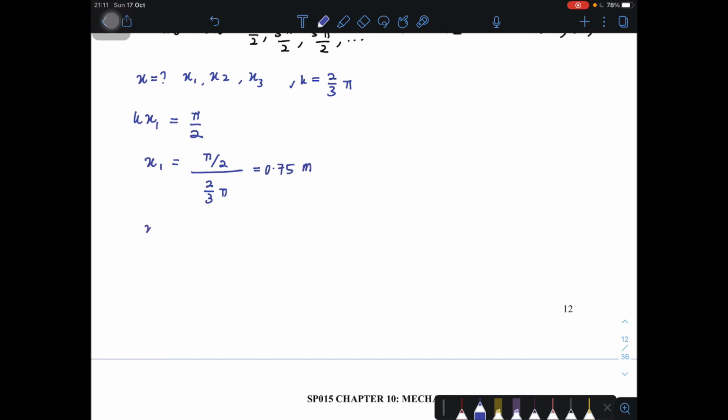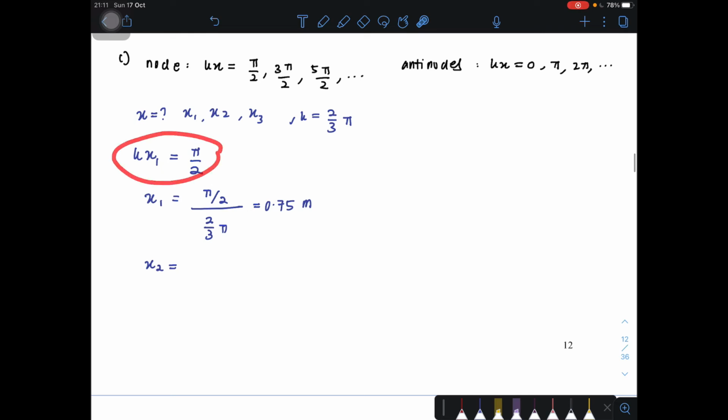So untuk x2, kita akan ulang benda yang sama. Tetapi x2 sekarang ni adalah this one. Ni adalah x3. Okay, so x2 adalah sama dengan 3 over 2 pi divided by 2 over 3 pi. Still sama. This one adalah value k yang constant, yang sama. So you will get it is equal to 2.25 meter.